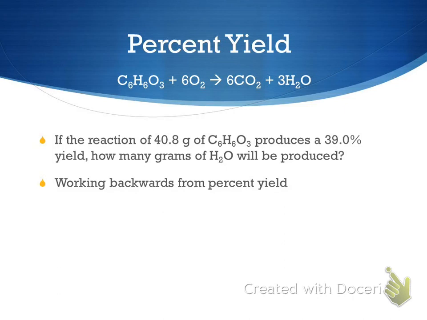Same balanced equation here. It says, if a reaction of 40.8 grams produces a 39% yield, how many grams of water will be produced? So this tells us a couple different things.